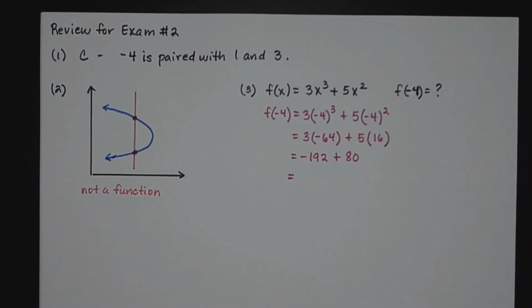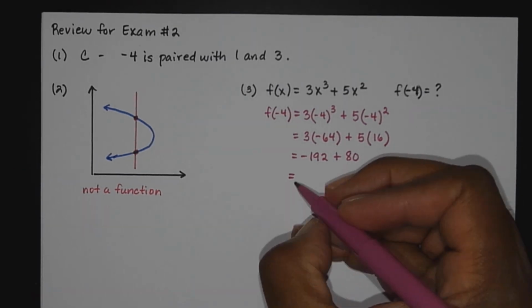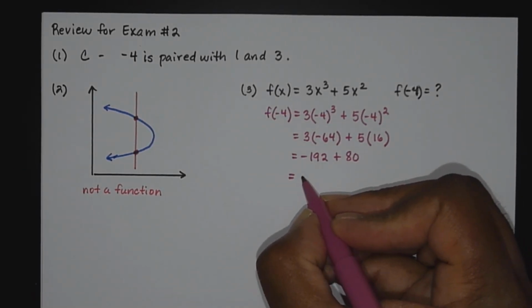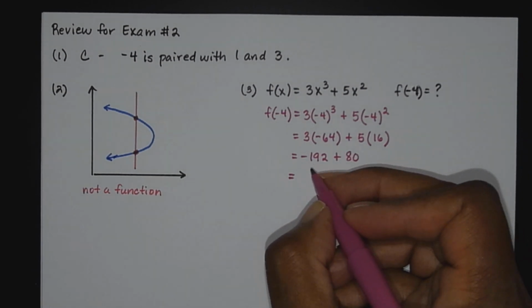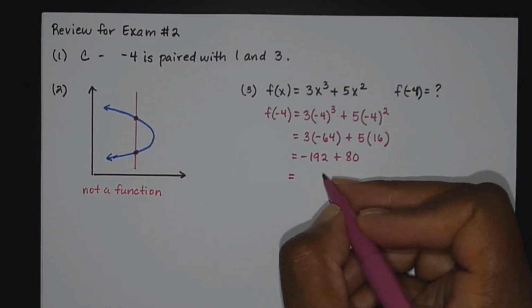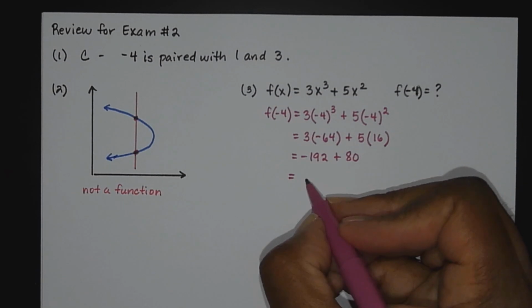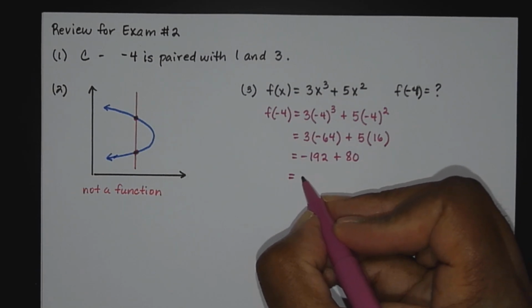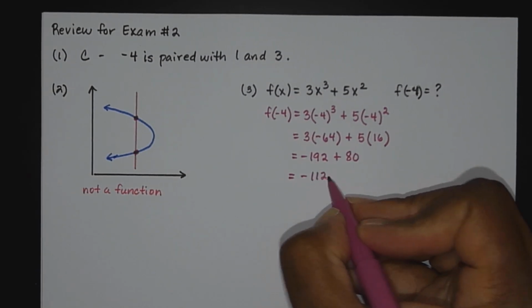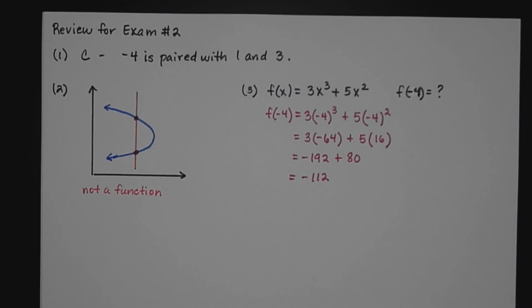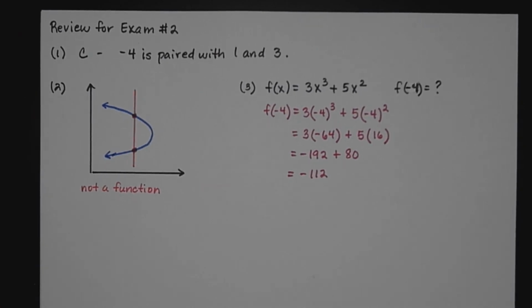That'd be 80. Then -192 plus 80 is -112. So the value of that function when x is equal to -4 would be -112. Are there any questions about problem number 3?